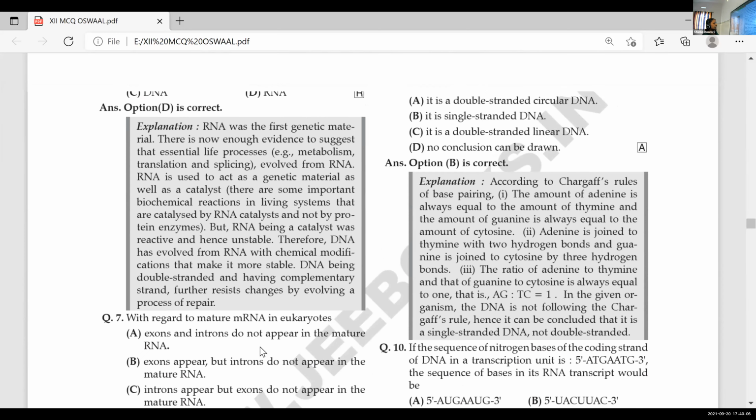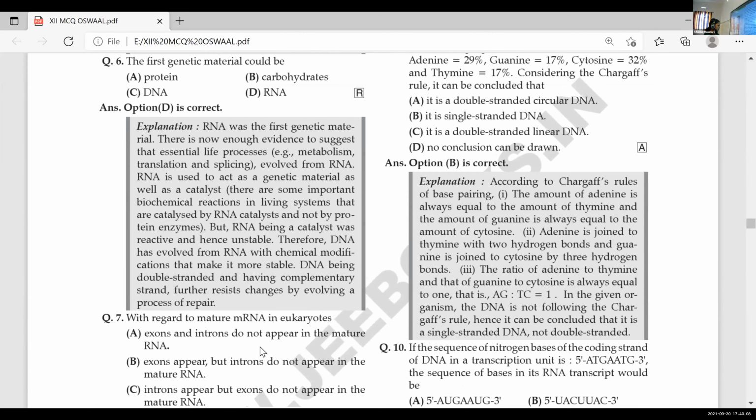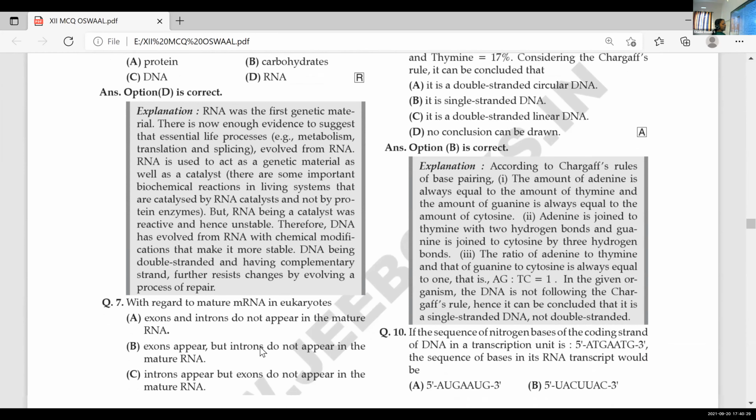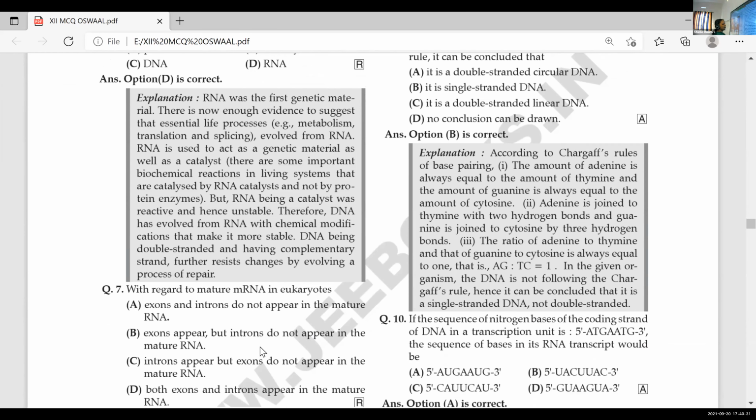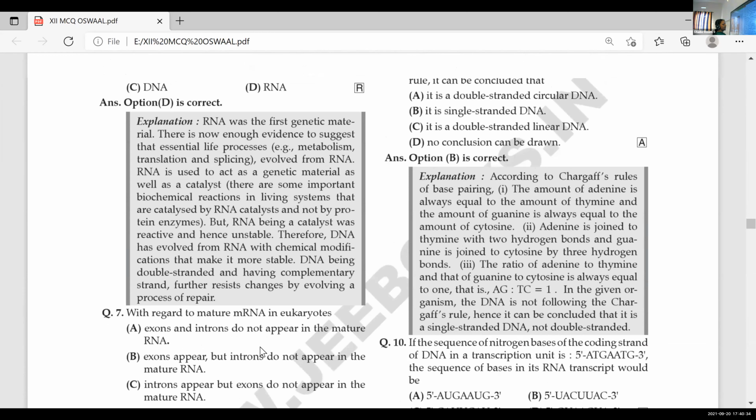Question number 10. If the sequence of nitrogen bases of the coding strand of DNA in a transcription unit is 5' to 3', A, T, G, A, T, G, the sequence of bases in its RNA transcript would be, which one will be the correct one?